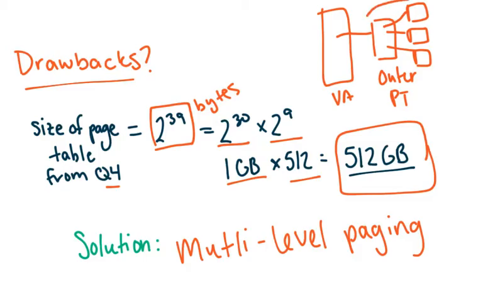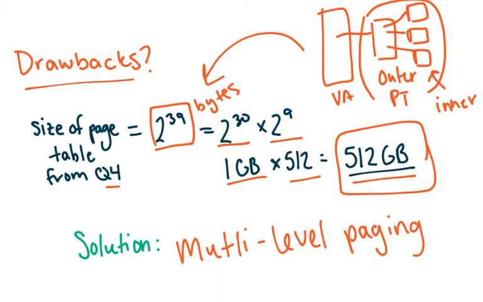And the total space that's used by all of these inner tables together is going to be the same as this. So the question is then, where do we get the reduced space requirement? It's kind of clever, and I'll tell you that in the next lecture.